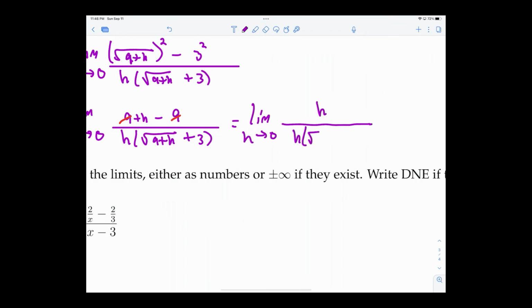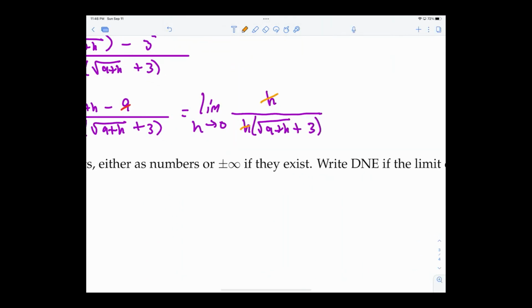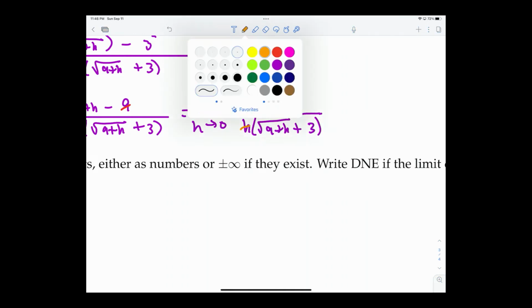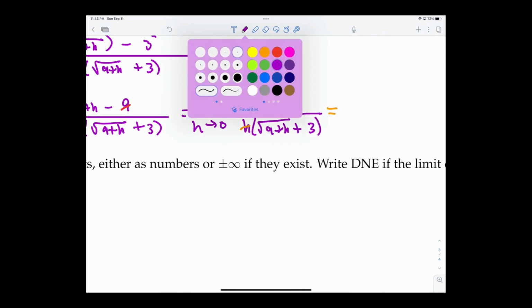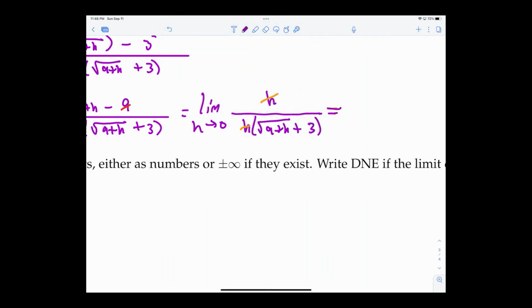You've got an h in the denominator as well. So since we've got an h in the denominator and the numerator, we should cancel that. And I'm going to combine steps and just jump to what we're doing next here. Once the h is canceled, you can go ahead and plug in h equals 0.